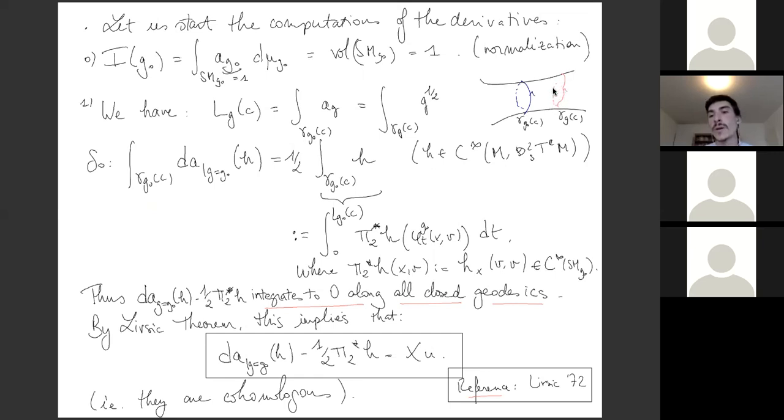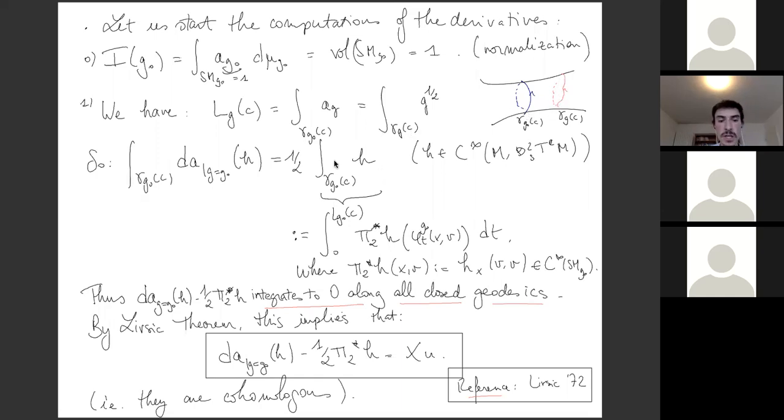Now recall that the red geodesic's length can be written in terms of A_G. So the length L_G of C is equal to the integral of A_G along the blue geodesic, but it's also equal, so that's the usual definition of Riemannian geometry, to the integral of the tensor G to the power 1/2 along the red geodesic itself. So I have two different expressions for the length of this red geodesic.